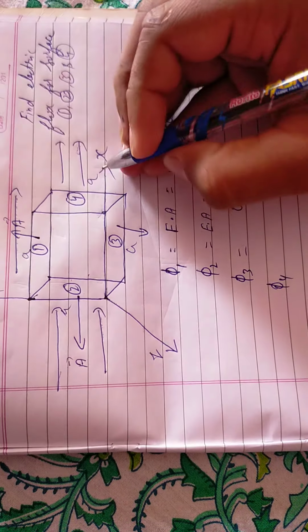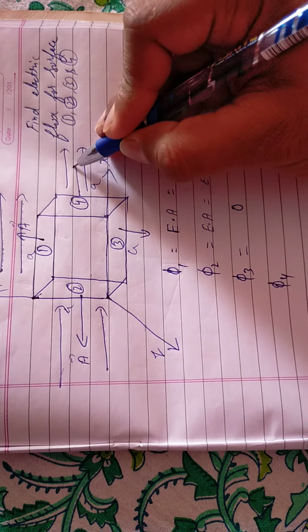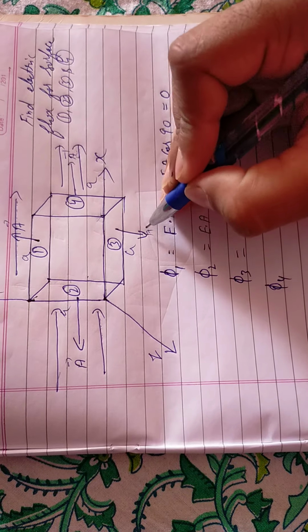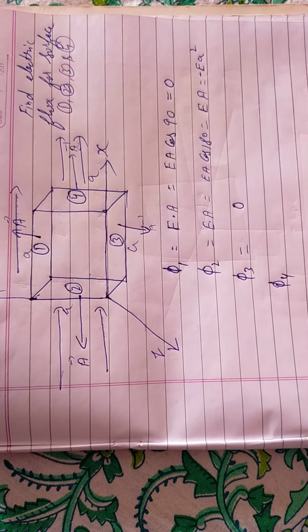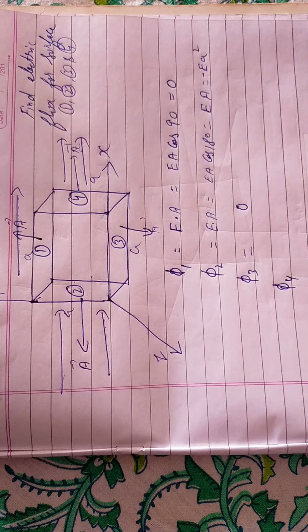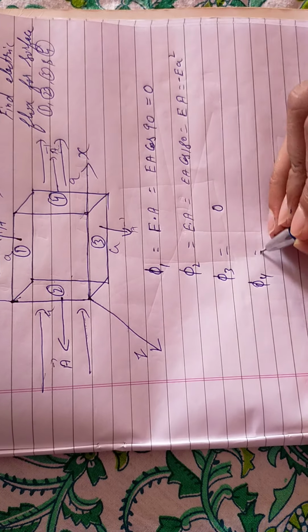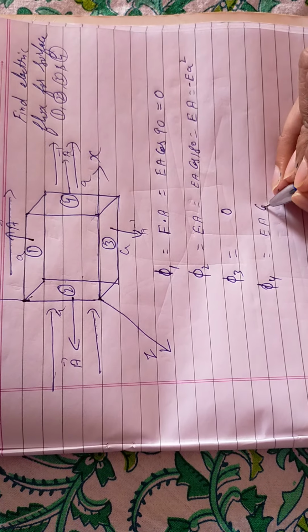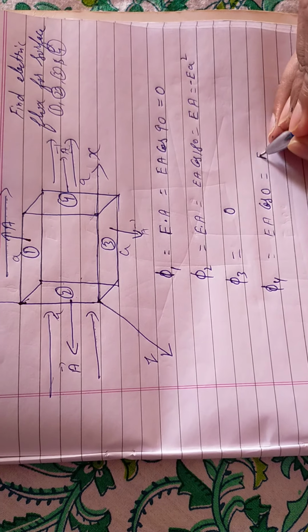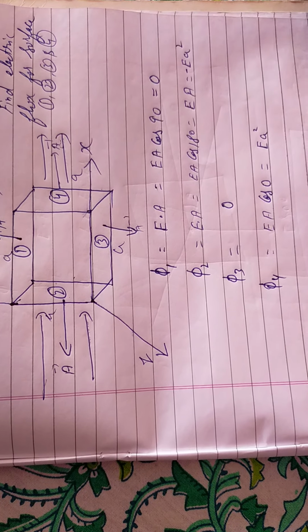And for this, the area vector is along the direction of the electric field lines, so the angle theta is 0, giving EA cos 0, which is EA square times cos 0 = 1.